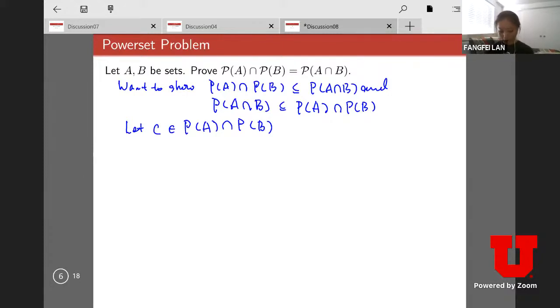Okay, so if C is in the intersection of the power set of A and the power set of B, what do we know? Where do we go from here?